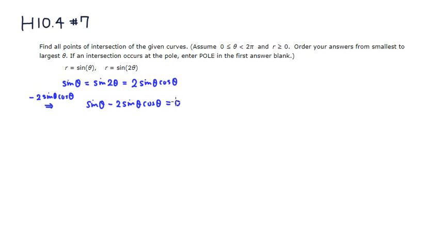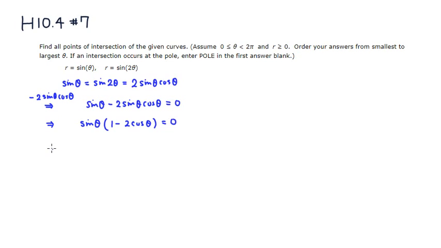So we get sine of theta, which was originally there, minus 2 sine of theta cosine of theta is equal to 0, right? Since we have a common factor, sine of theta, factor it out. We get sine of theta times (1 minus 2 cosine of theta) equal to 0.